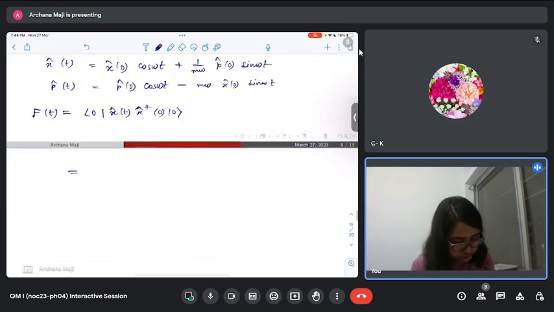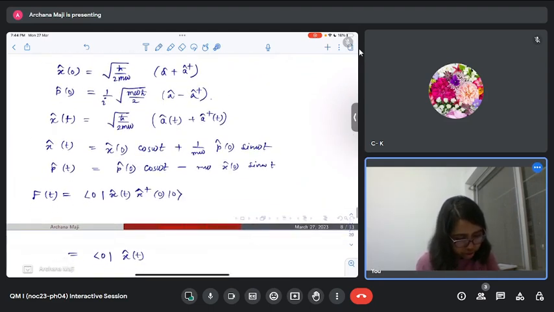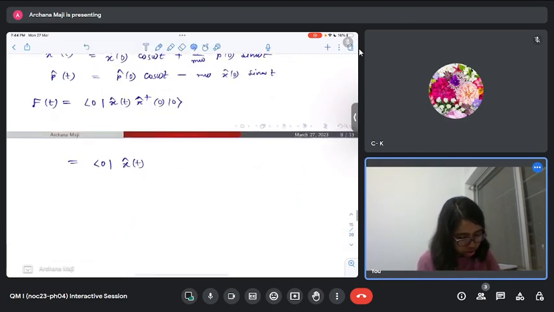So x of 0 is nothing but that operator, square root of h cross over 2 m omega times (a plus a dagger). Let me just copy and paste. This is a constant, so I can keep it outside.